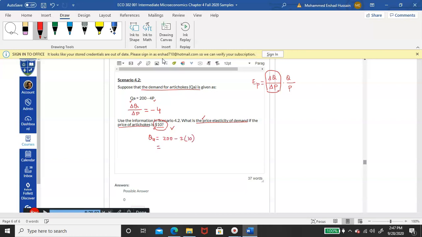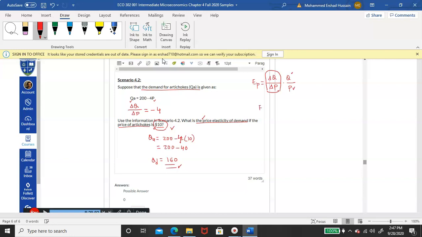So 200 minus 4 times 10, which is 40, gives 160. So when the price is $10, demand is 160. That is the pair we are looking for.